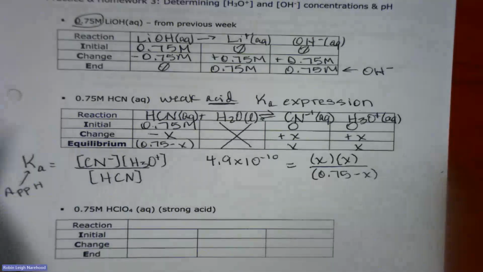So if we do this math every time, it's every time. How often? Every time. It's going to look like this. If it is a weak acid or a weak base, the constant for that acid or base behavior is equal to X times X, because you're going to make equal amounts of conjugate and then the hydronium or hydroxide, divided by your initial concentration minus X every time.